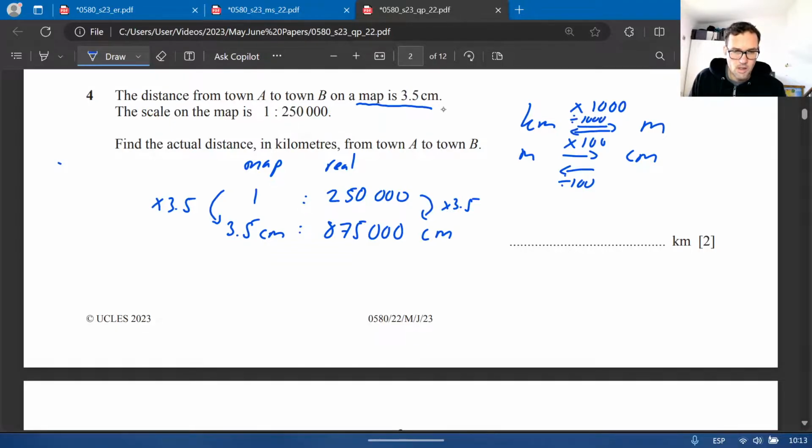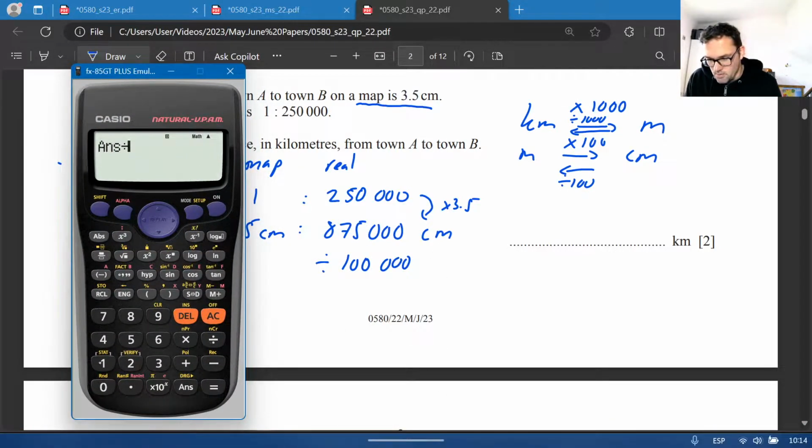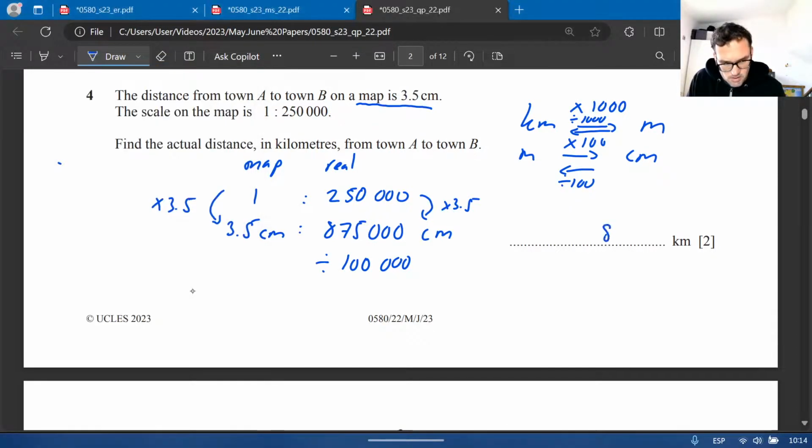Meaning we take the 875,000 and divide by 100,000. That will give us kilometers. So we divide by 100 to change into meters, then by 1,000 to kilometers, bam. 8.75 kilometers.